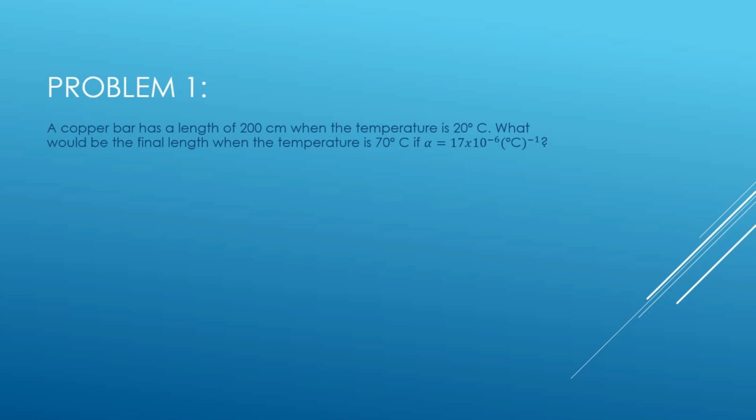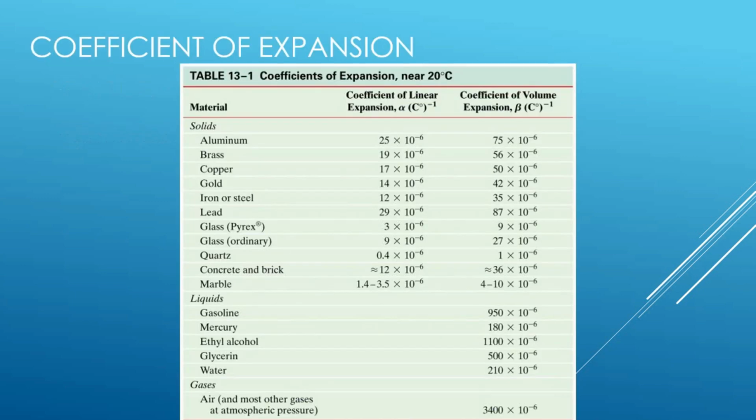What would be the final length when the temperature is 70 degrees Celsius if the alpha is 17 times 10 raised to negative 6 per degree Celsius? Copper is stated here. But if it's linear expansion, it's always alpha, times degrees Celsius raised to negative 1.